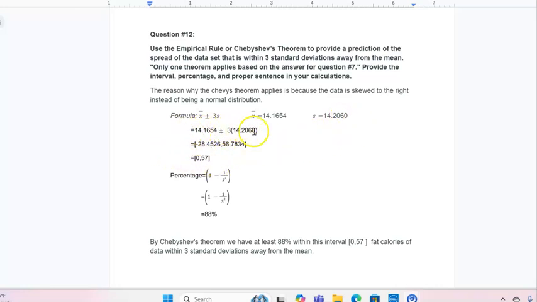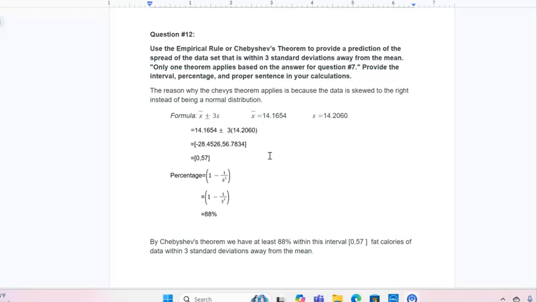Right here is going to show it in the formula, and then what we got from that after calculating it is going to be negative 28.4526, and then the high bound is going to be 56.7834.